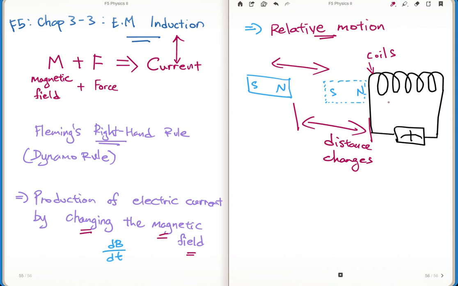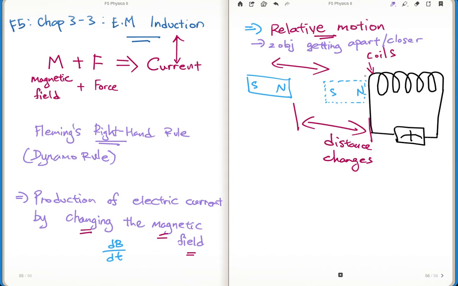Okay, you may pause my video and go back to the previous bit where you have missed. Or another way of putting it: what does it mean by relative motion? It's when we have two objects getting apart or closer, then you have relative motion.